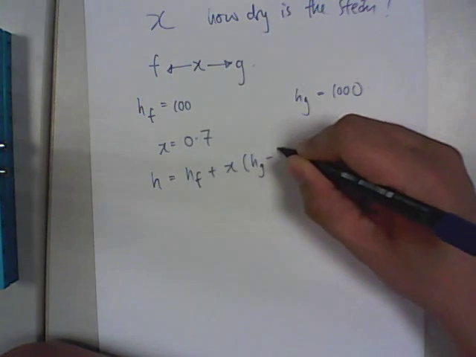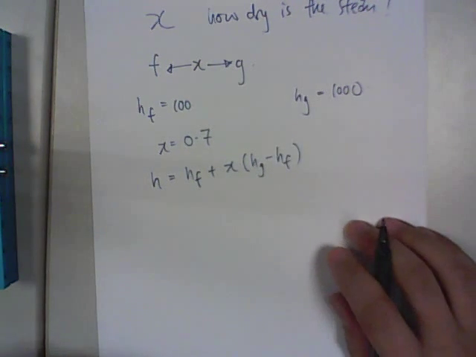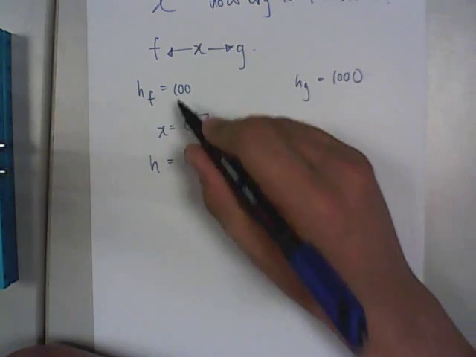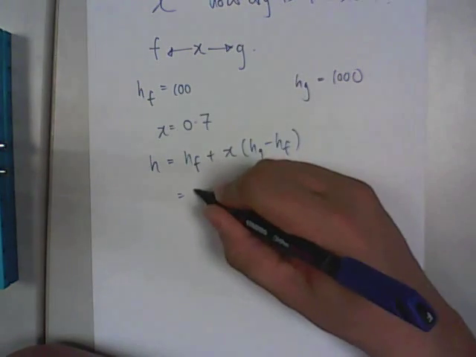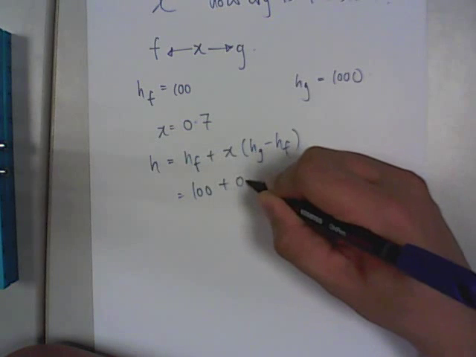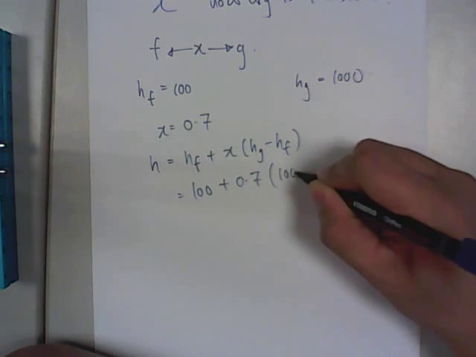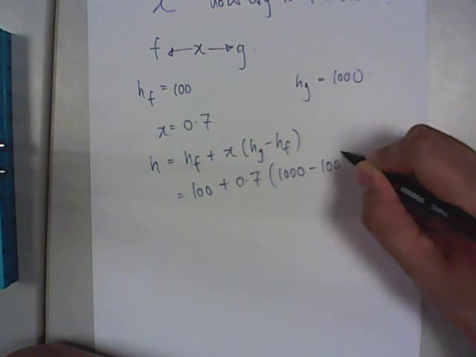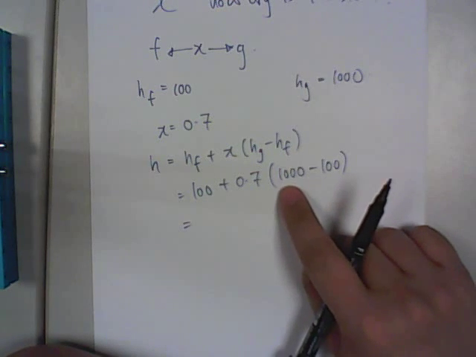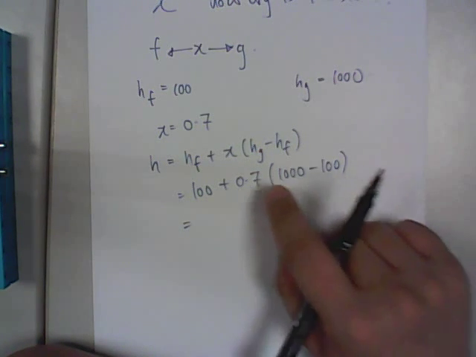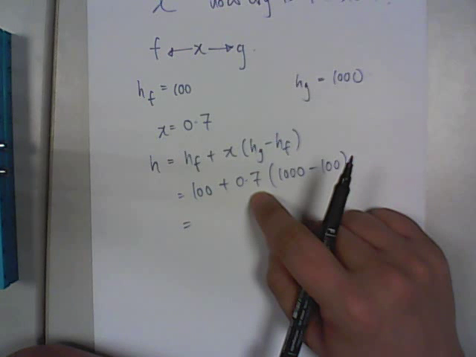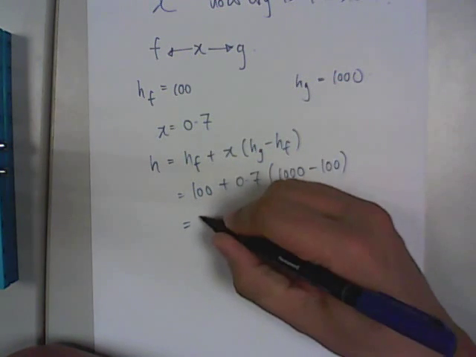h = hf + x(hg - hf). If we chuck in the values, you get 1000 minus 100, which is 900, times 0.7, which is 630.